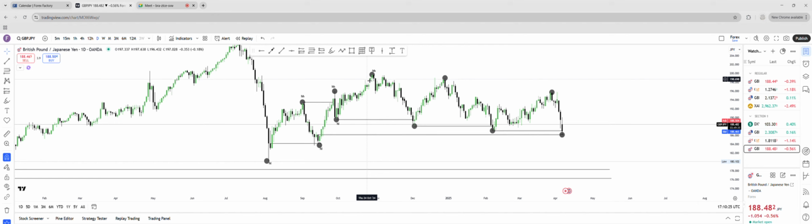Yes. Now, what I want you to see here is at the point where market created this low, a higher low, when did we break this market? Here. When we broke it, did we create a higher low? Right here. Okay.